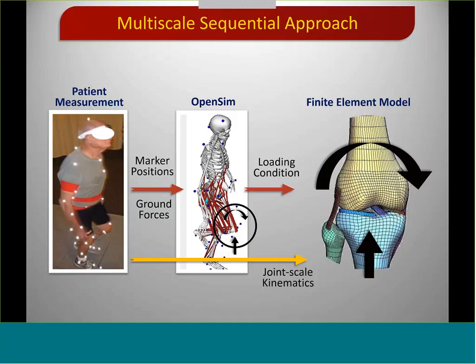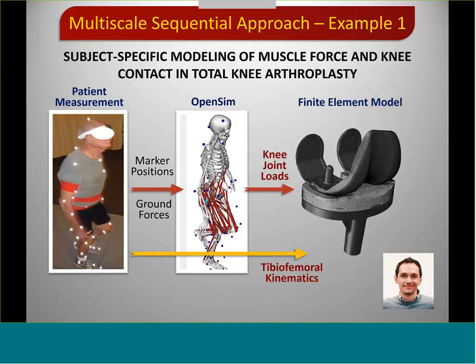The two examples we'll describe today demonstrate use of OpenSim with FE modeling for research in knee joint replacement, and to provide something of a roadmap to the examples. In the first example presented by Alessandro, he used this approach to predict muscle forces and contact between the components of the tibia and femur, with inputs to the finite element model of joint loads from OpenSim, and tibiofemoral kinematics from the radiography system.